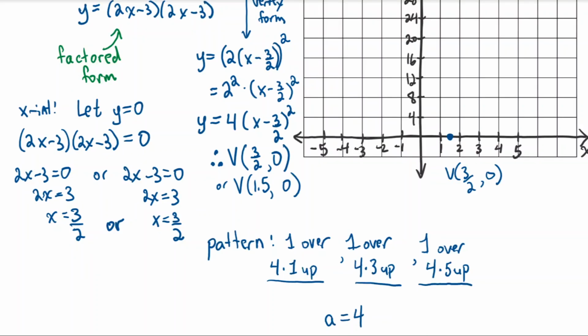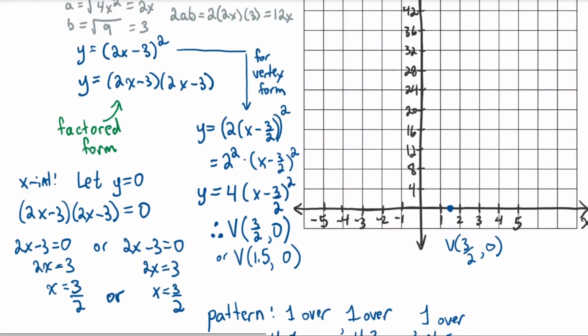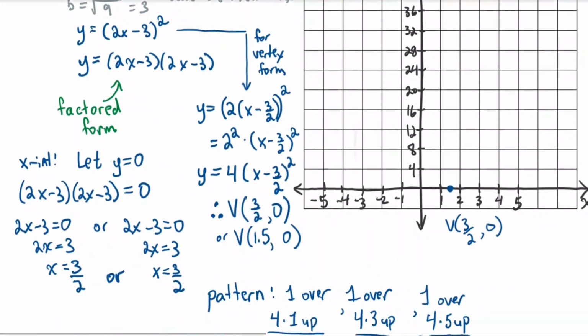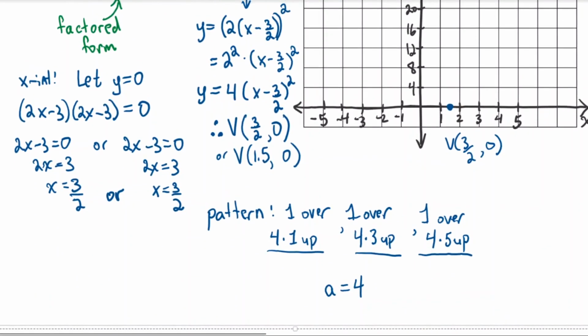Because things are not spread out like the previous example, to draw the graph we're going to need to use the pattern. So we notice that in our vertex form that we have a 4 out front. And it's the same 4 that you see out front here. So because our a value is 4, we're able to use our patterns.